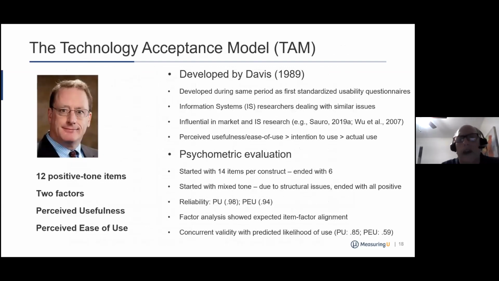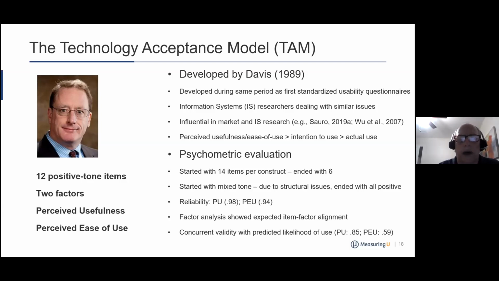The technology acceptance model was developed by information systems researchers who are dealing with UX type problems, but mostly trying to understand why aren't people using the software that they are being directed to use by their employers. And the key element here is that there are two elements: perceived usefulness and perceived ease of use.